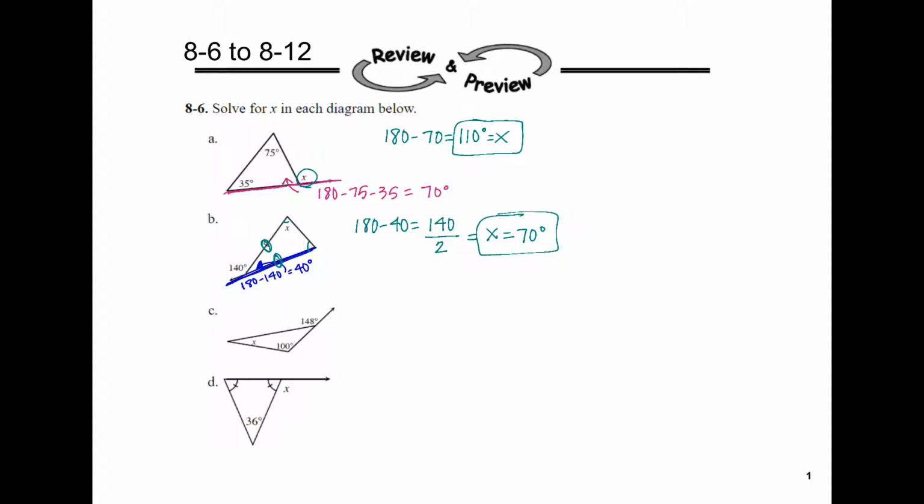Looking at example C, again, we have a supplementary angle at 148, so we can find this piece by taking 180 and subtracting 148 from it, which gives us 32 degrees.